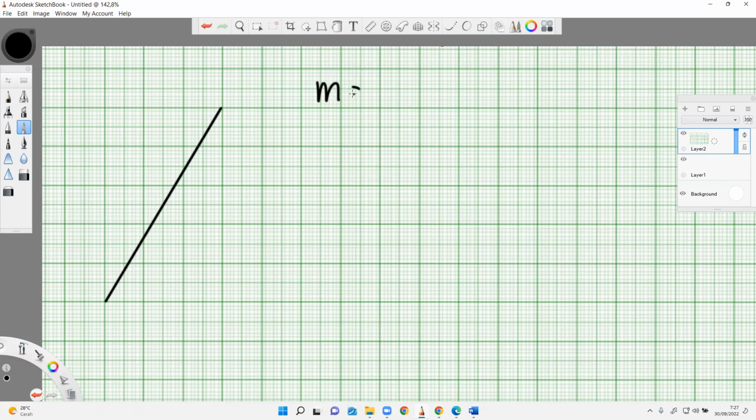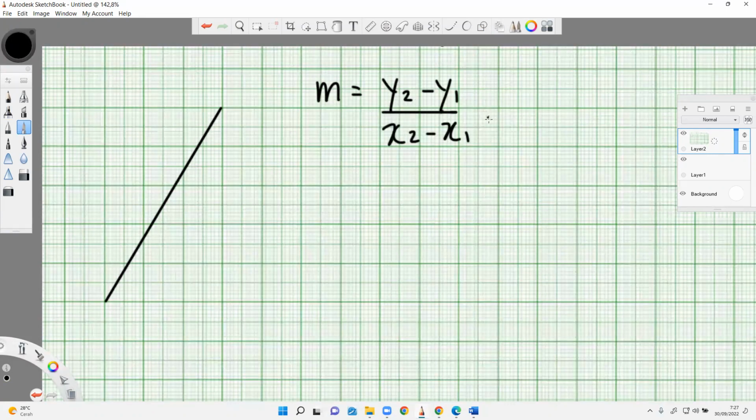Since the gradient is y2 minus y1 over x2 minus x1, we haven't got the points yet. So you have to pick at least 2 points that are on the line, not outside of the line.